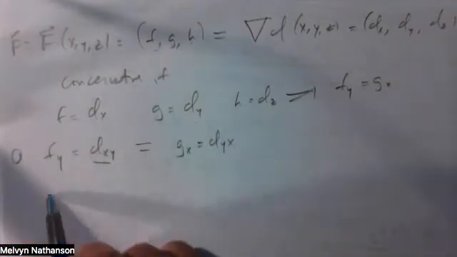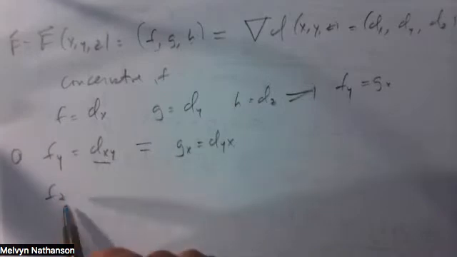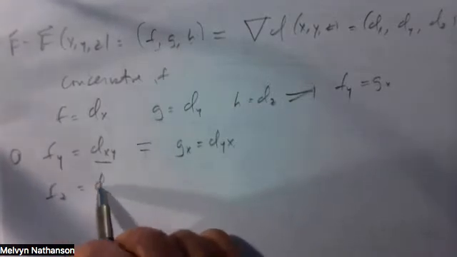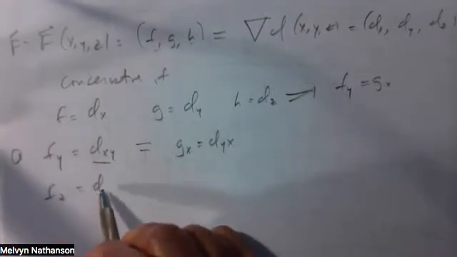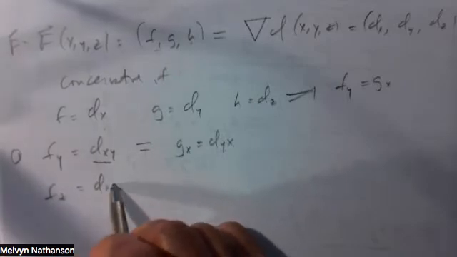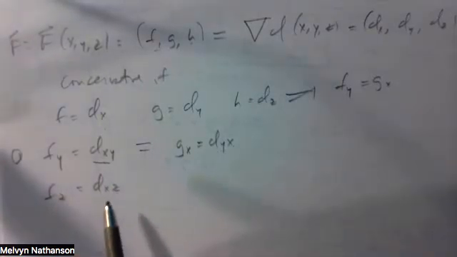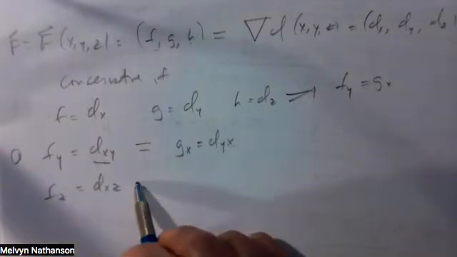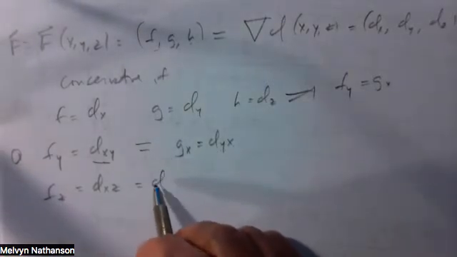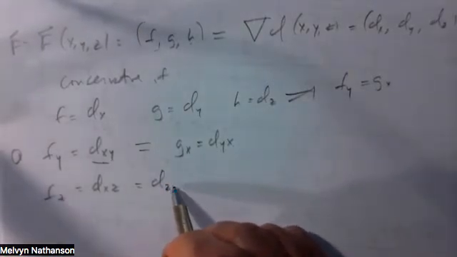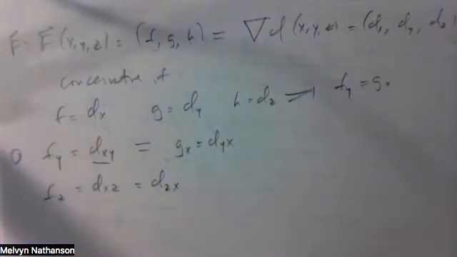Similarly, if I take F and I differentiate with respect to Z, that's phi differentiated first with respect to X and then with respect to Z. And if this is continuous, and you take phi and differentiate with respect to Z and then with respect to X, these are going to be equal.